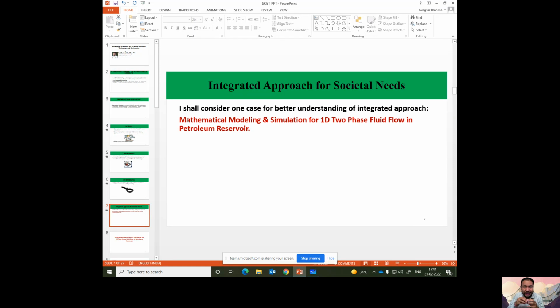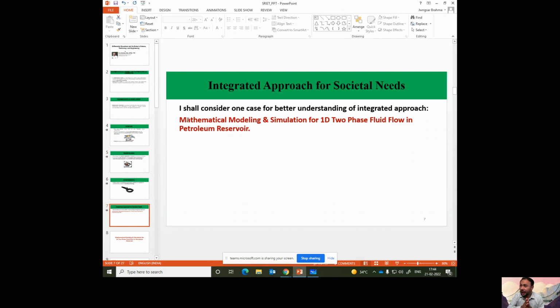Here, I took the case study of the reservoir system, which is the petroleum reservoir system. Now, if I talk about the petroleum reservoir system, I should understand the science behind it. What are the parameters that can play a role in the system? So how the fluids flow through the porous media in a petroleum reservoir.